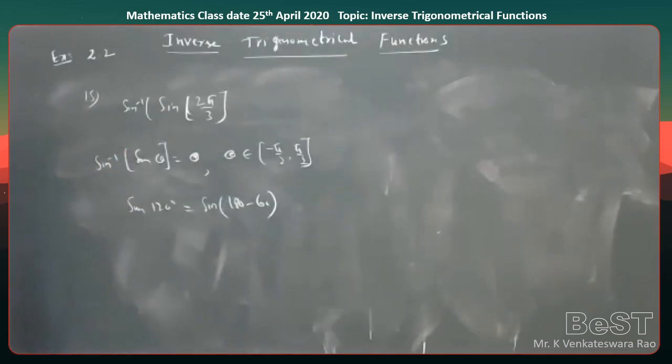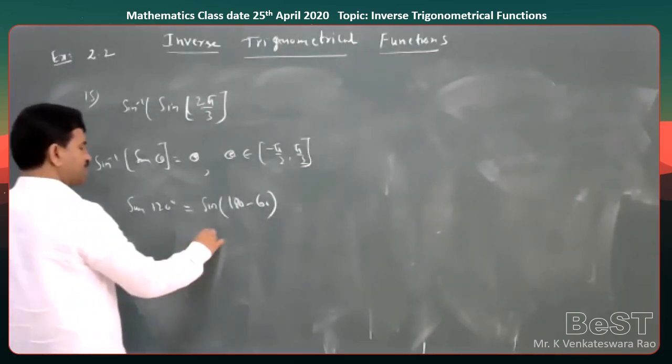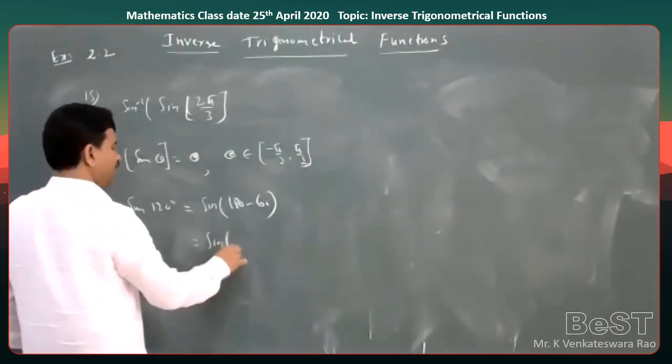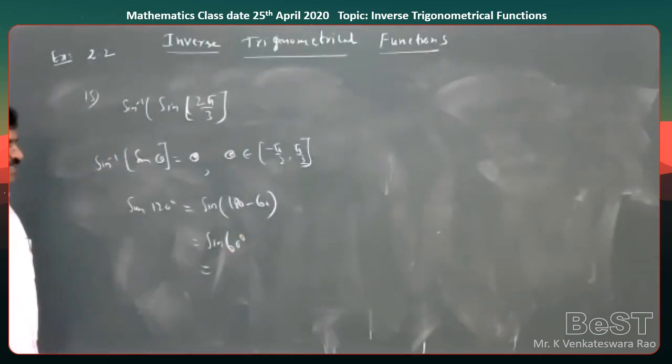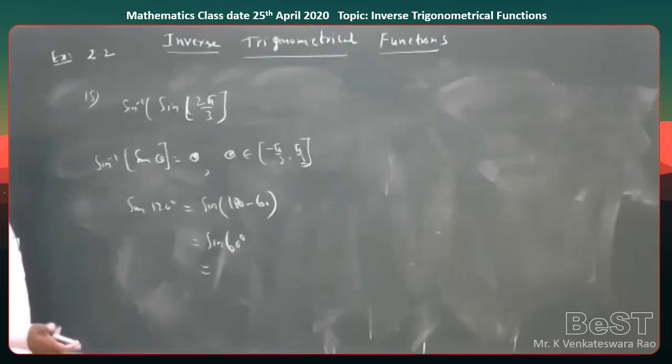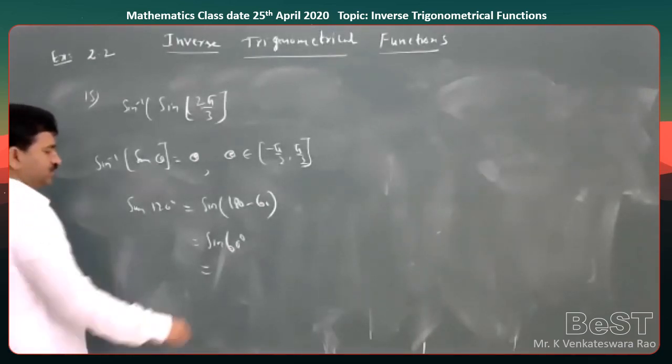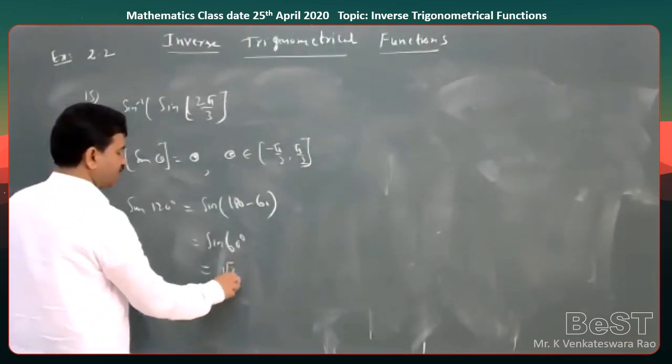Second quadrant, sine remains sine, so it is sine 60, using the allied angles. What is sine 60 degrees value? Root 3 by 2.